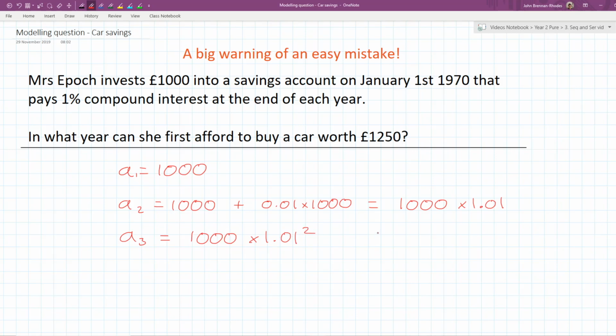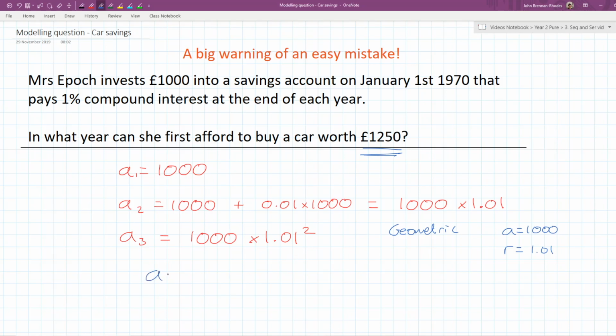And at this point, you might see that what we've got is a geometric sequence, with A equal to 1000 and R equal to 1.01. We want the nth term, not the sum. We want the amount to be 1250.